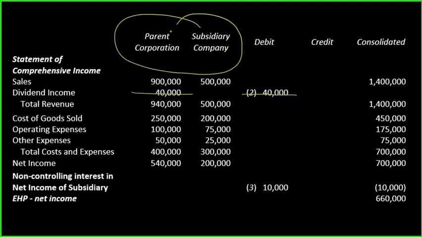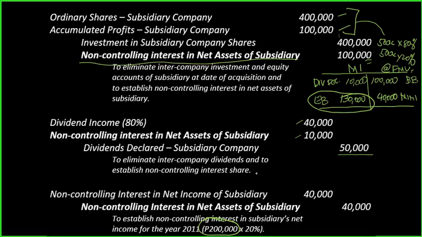Ayan, dahil pinag-isa sila, hindi ka pwedeng kumita sa sarili mo, diba? So, tanggalin natin yan. Also, okay, because of this entry, you were able to come up with the net income in your subsidiary, which is, wait lang, bakit 10,000? Balikan natin. Okay, ayun. Net assets pala dapat yan. Deduction.